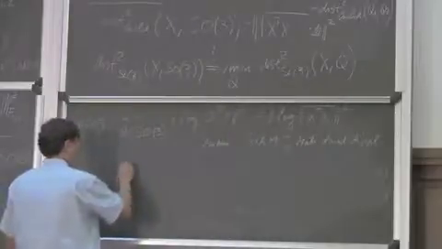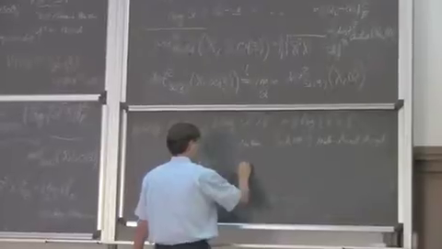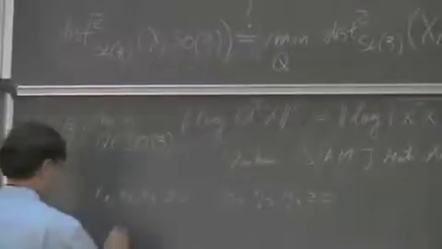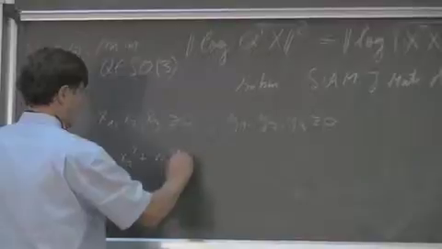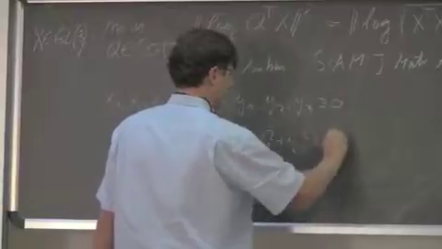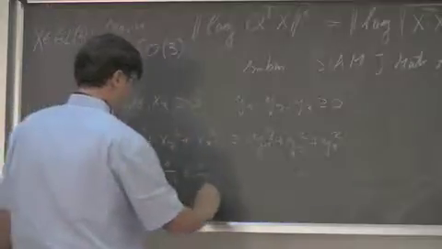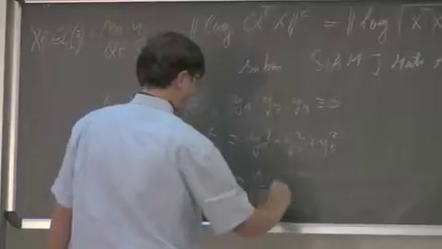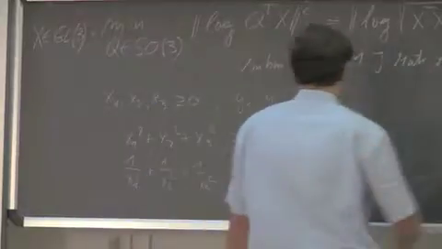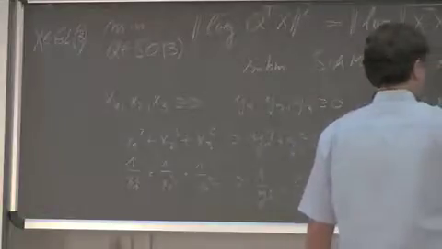Positive numbers x1, x2, x3, positive, y1, y2, y3, satisfying the following conditions. x1 squared plus x2 squared plus x3 squared is bigger than y1 squared plus y2 squared plus y3 squared. 1 over x1 squared plus 1 over x2 squared plus 1 over x3 squared is bigger than 1 over y1 squared plus 1 over y2 squared plus 1 over y3 squared, and x1 x2 x3 equals y1 y2 y3.